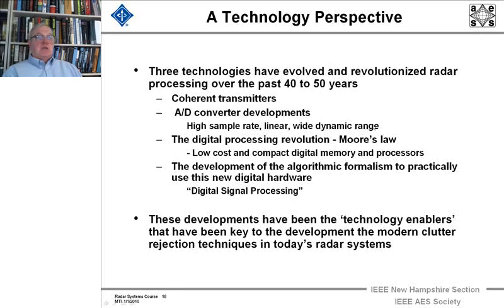And the ability to do that came along with the digital processing revolution, Moore's law, low-cost compact digital memory and processors. That development in the technology area, along with, and I can't understate this, the development of the algorithmic formalism to practically use digital signal processing hardware and to develop the hardware.